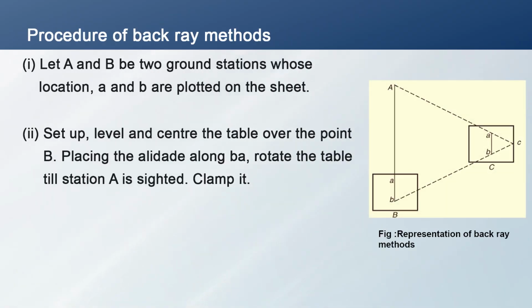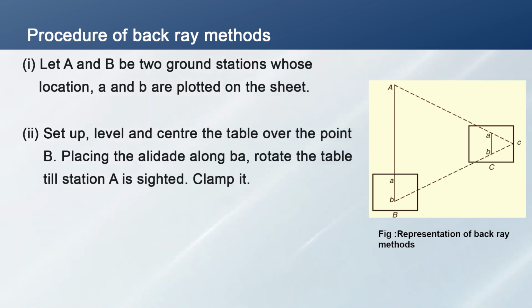Let's go to the procedure. The following steps are followed. Let A and B be two ground stations whose locations, small a and small b, are plotted on the sheet. You can see it in the given figure.